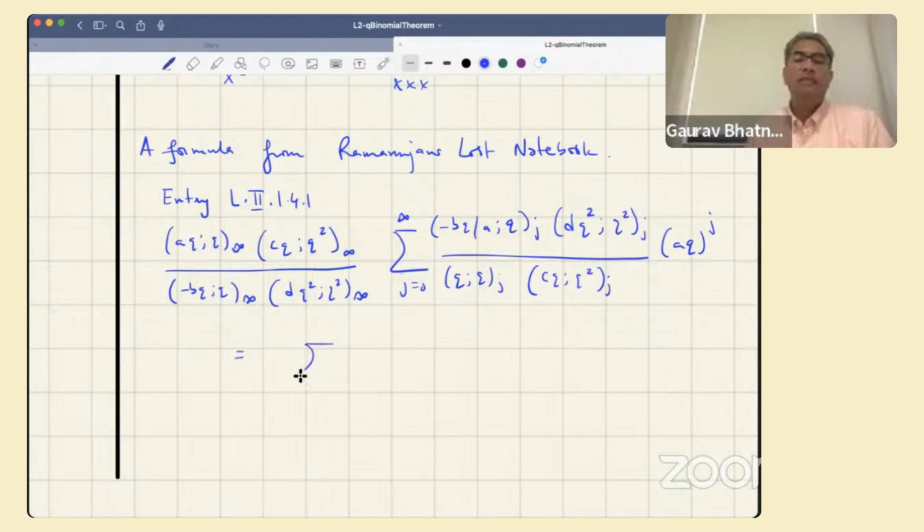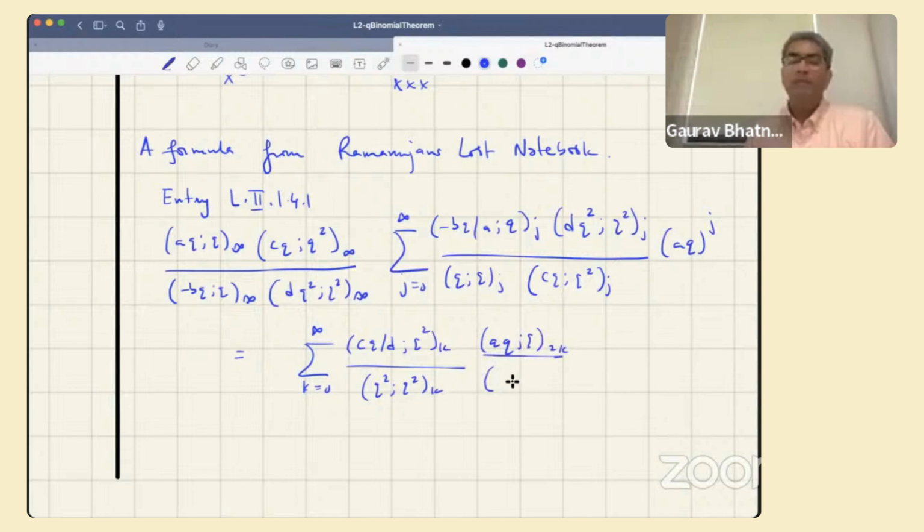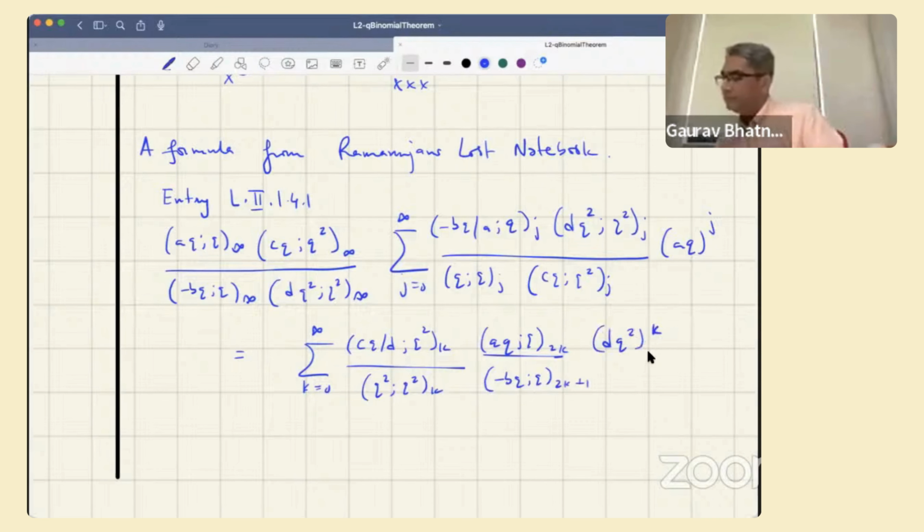And this sum is equal to the sum k going from 0 to infinity of (cq/d; q^2)_k (aq;q^2)_k minus (bq;q^2)_{2k+1} and (dq^2)^k.